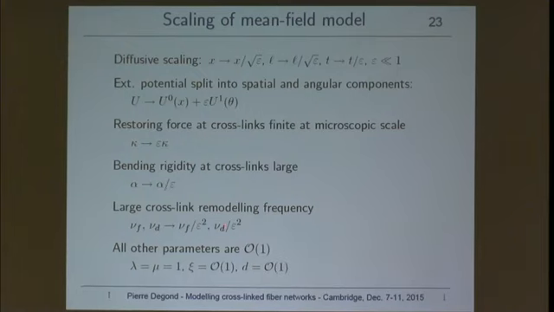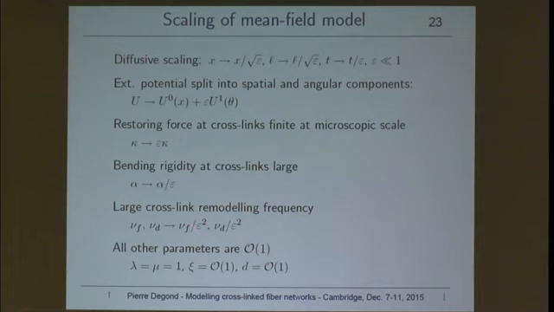We assume that the bending rigidity at crosslink, the flexural modulus, is large, so we rescale alpha like alpha over epsilon. And I think the most important and probably also the most questionable assumption is that we have a crosslink remodeling frequency which is very large, which means that the crosslink and unlinking frequencies are scaled like 1 over epsilon squared.